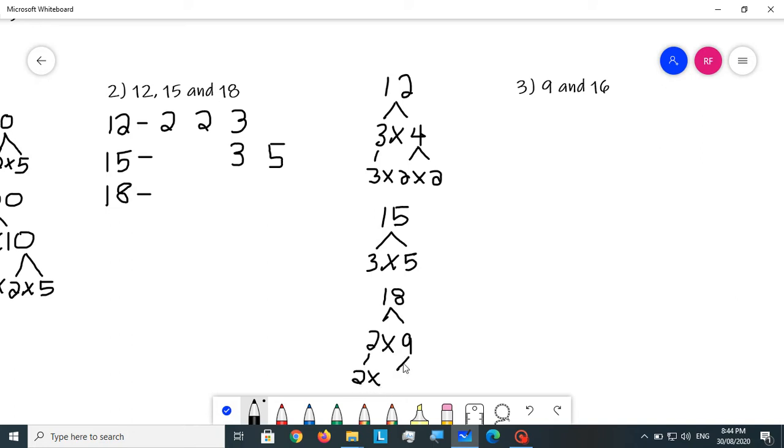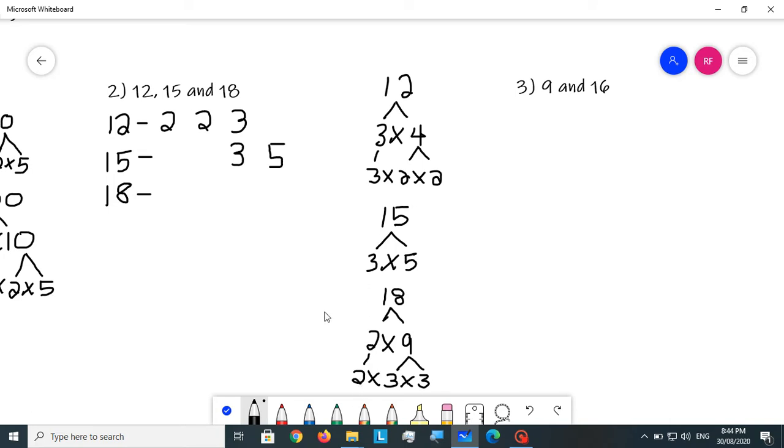And 9 is a composite number, so we can still prime factorize it. The prime numbers are 3 times 3. Okay, all of them now are prime numbers.